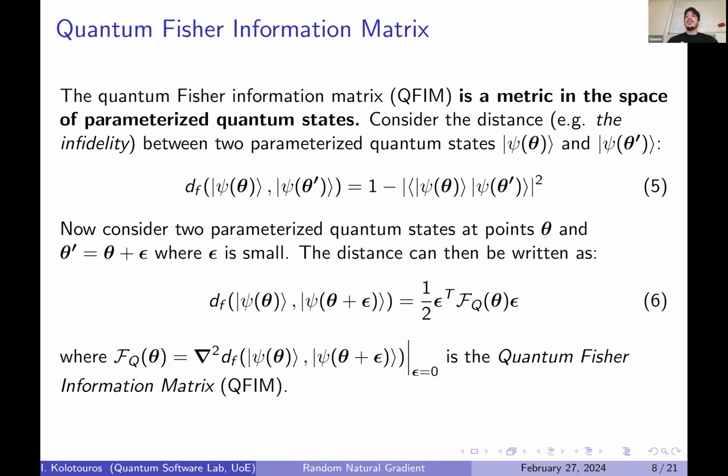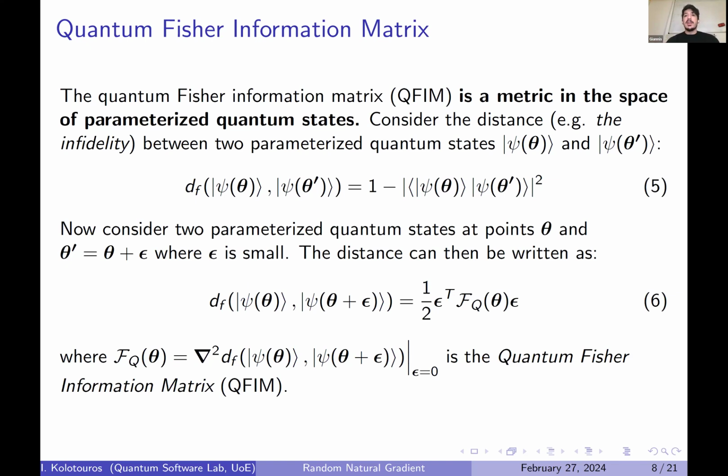And then one can show that the distance between these two quantum states can be written as 1/2 epsilon transpose times the quantum Fisher information times epsilon, which means that if you calculate the quantum Fisher information matrix at the point theta, then you can understand, on your classical computer, how the quantum state changes by putting in small epsilons.